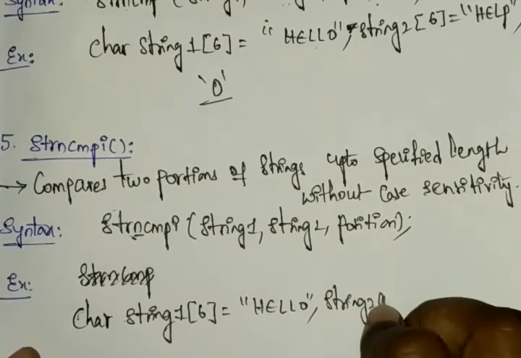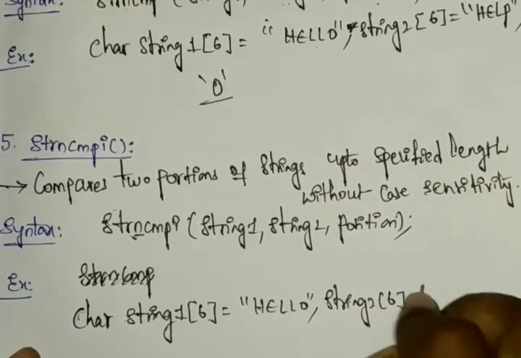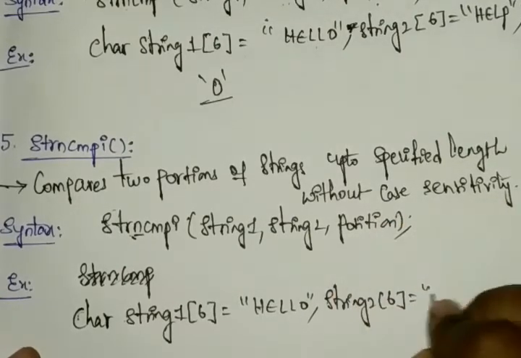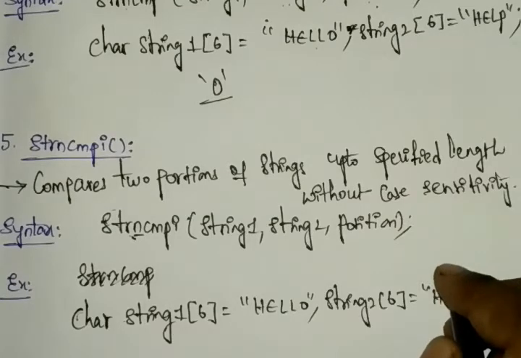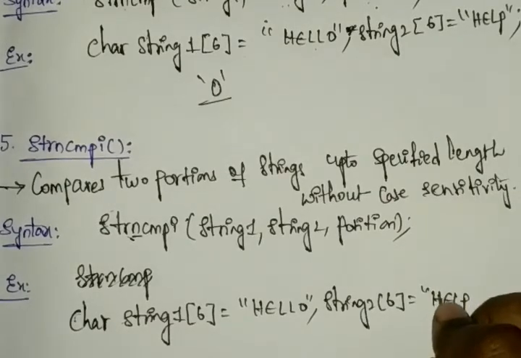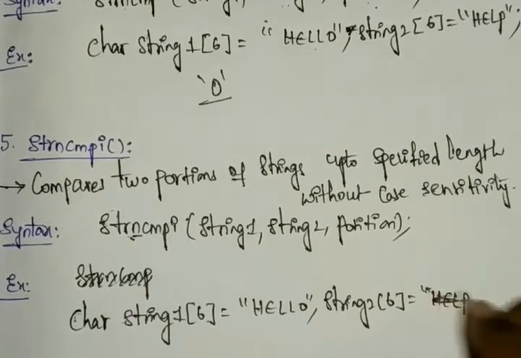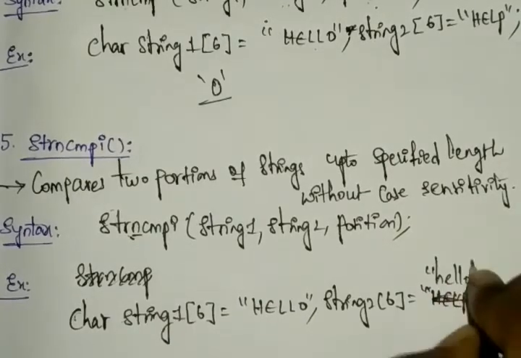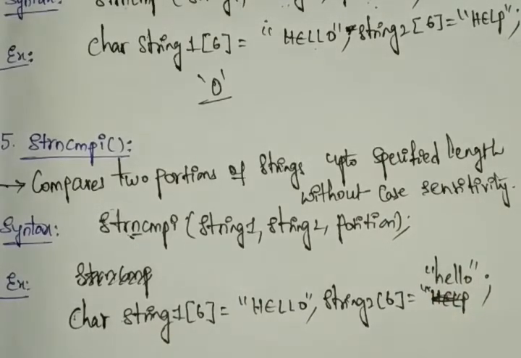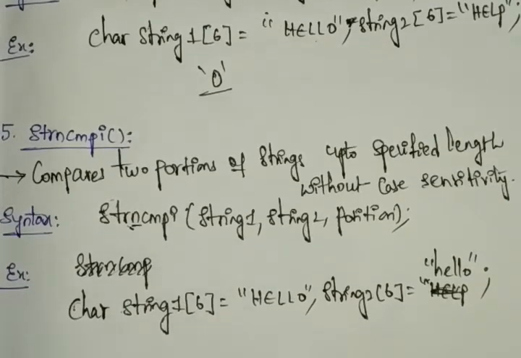So here I'm choosing our string 2 is also hello, or else help. Or else here you can take this value in the form of hello only. Then you will understand how we can identify. You can see here the first string has hello only, and the second string is also having hello only.